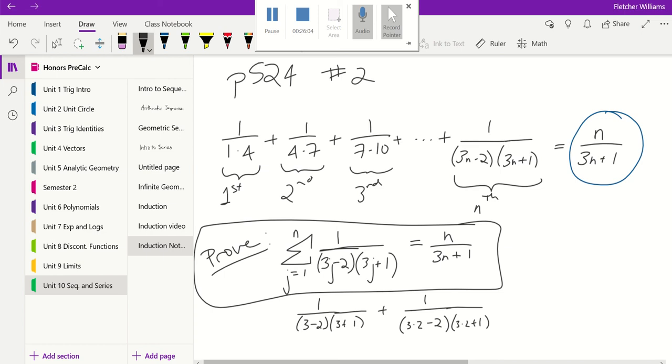But the n over 3n plus 1, that's the whole pie. That's all the pieces put together. So then is that the one that you use to solve for the primary, and then you substitute k plus 1 for the n's?